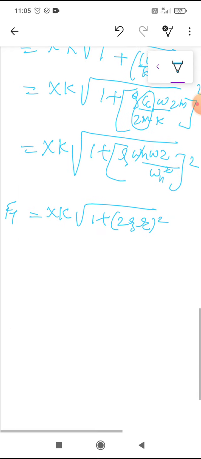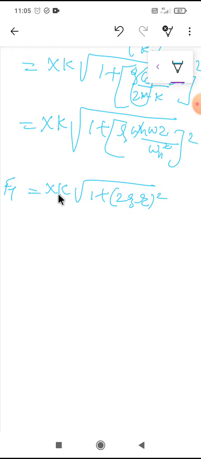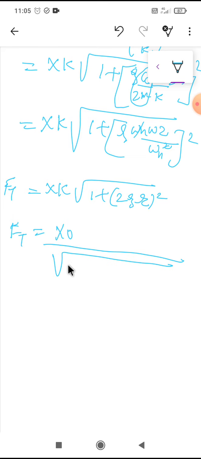Now we have found f of t, that is xk. But what is x? x is nothing but the amplitude that we have found for forced vibration, that is x0 divided by under root 1 minus r square whole square plus 2 zeta r whole square.